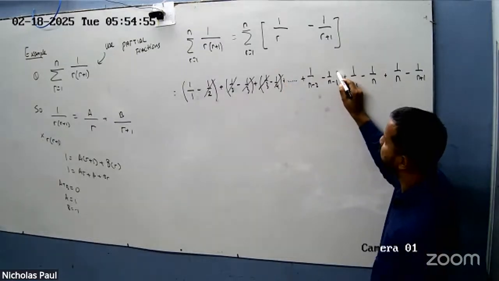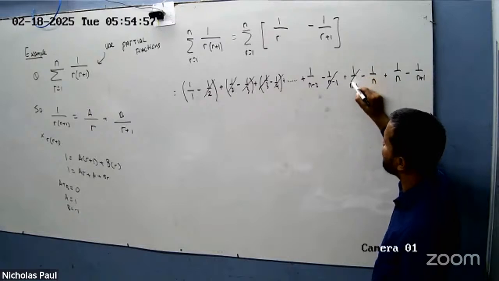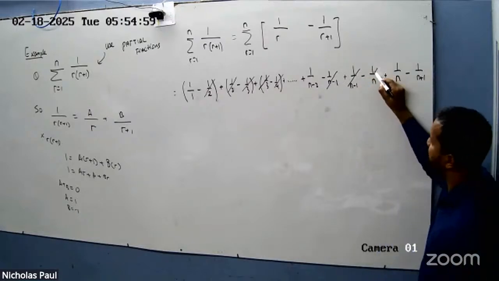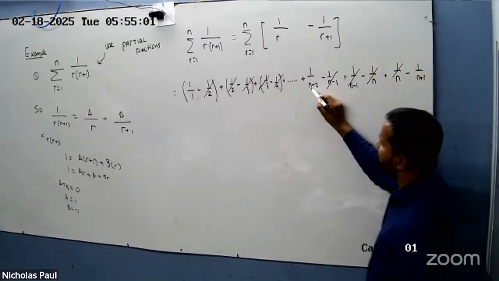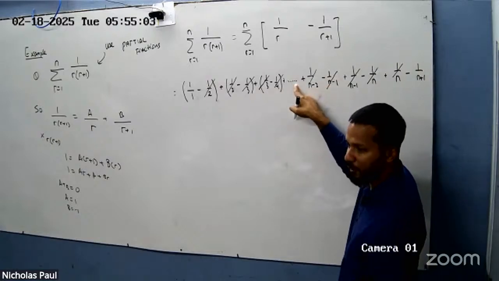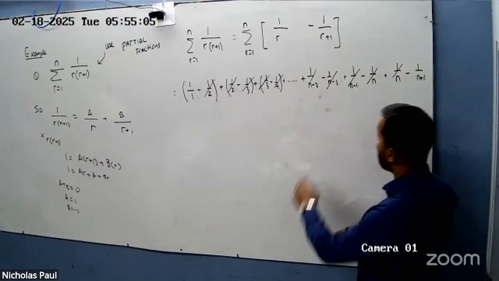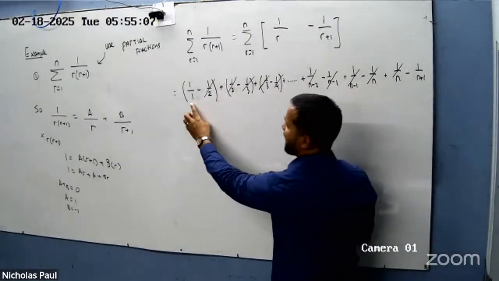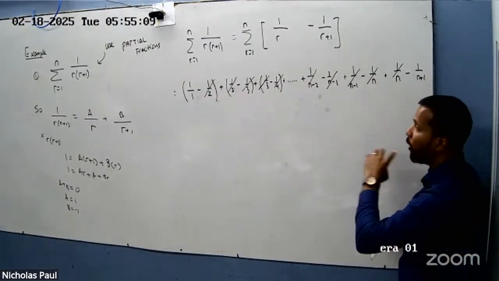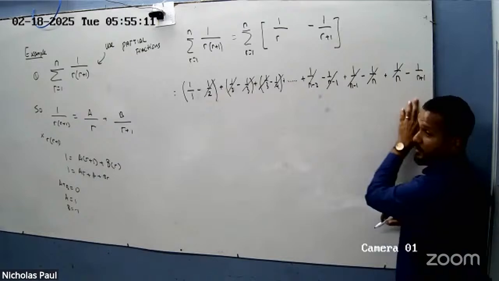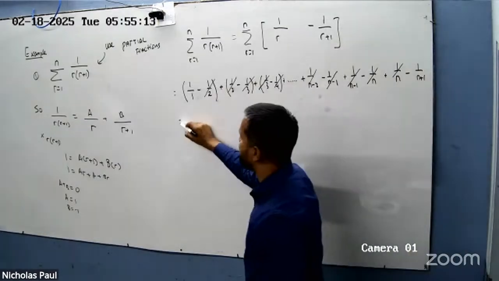This 1 over n minus 1 will cancel here. This 1 over n will cancel here. This will cancel with whatever is before it. So everything is canceling off except the largest and the smallest value.